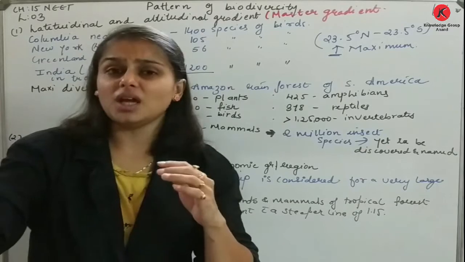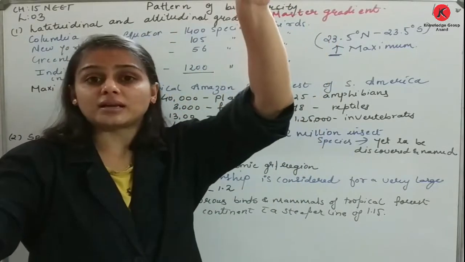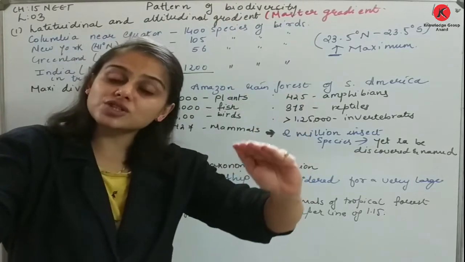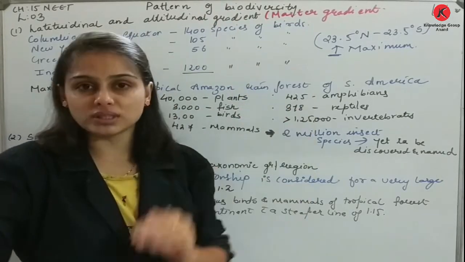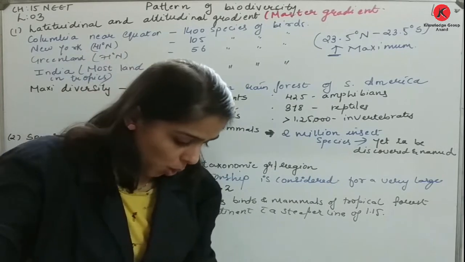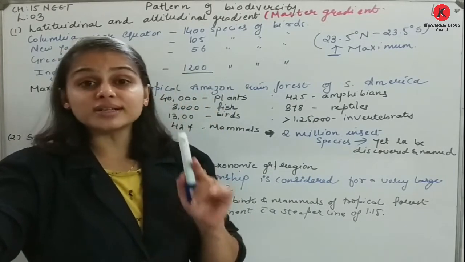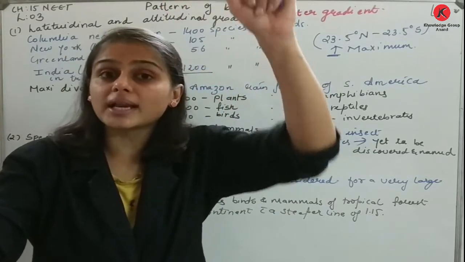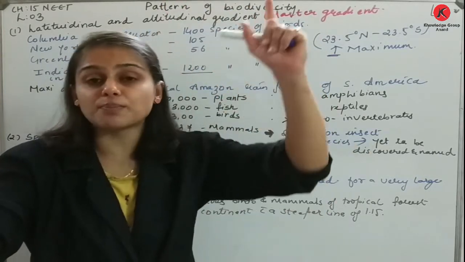Okay, if we are talking about mountains, as we ascend the mountain, species diversity जो है वो कम होती है. Are you people getting my point? What I am saying is that a decrease in species diversity as we ascend a mountain is due to a drop in temperature.